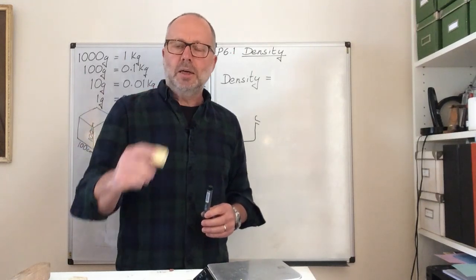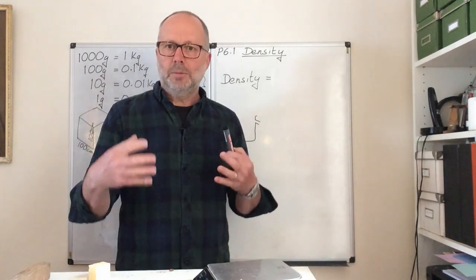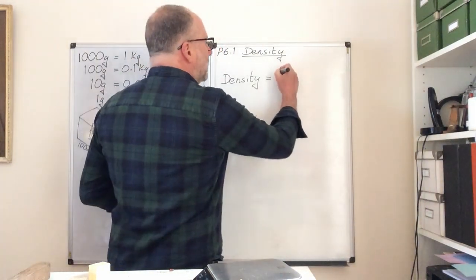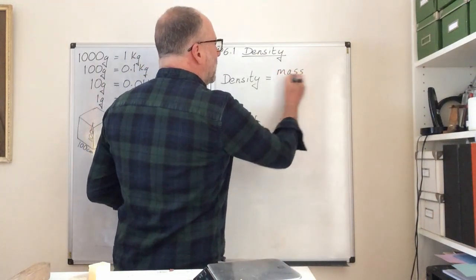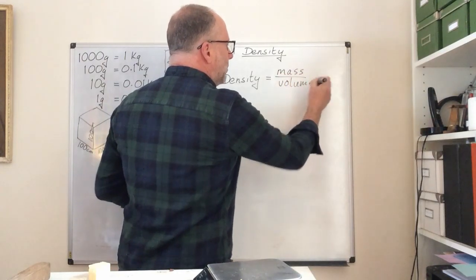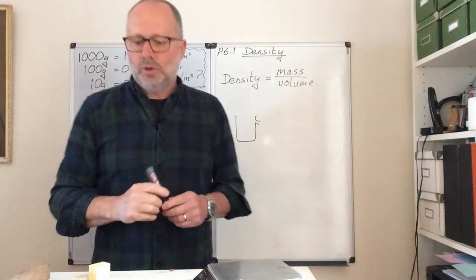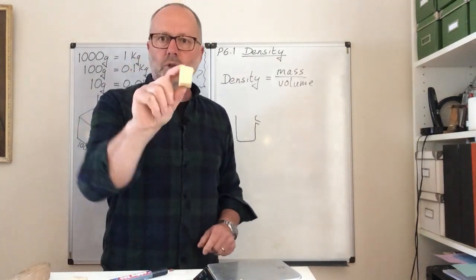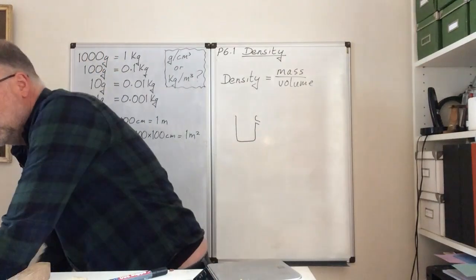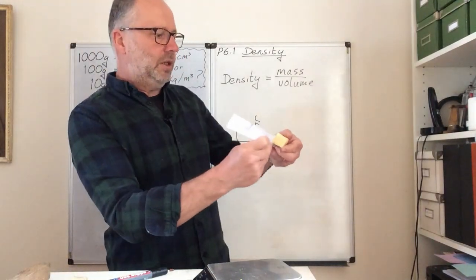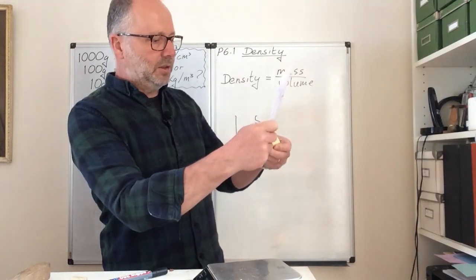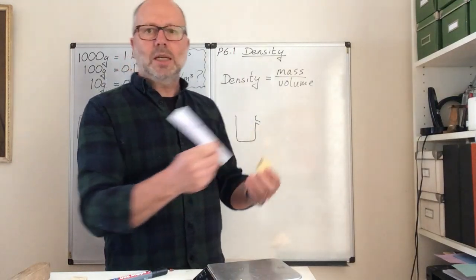And when we talk about size, we're talking about volume, which is how much space it takes up in the room. So the density is the mass divided by the volume, and the volume is very straightforward to measure. If you've got something squarish in shape like this, we could get a ruler and say this piece of cheese is 3.5 centimeters one way, 2.5 centimeters the other way, and 3 centimeters the other way.